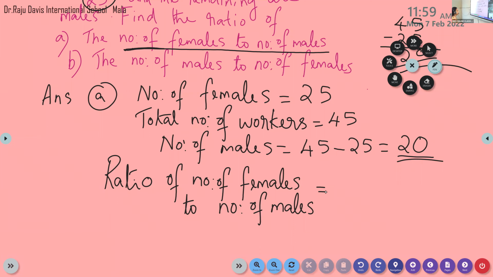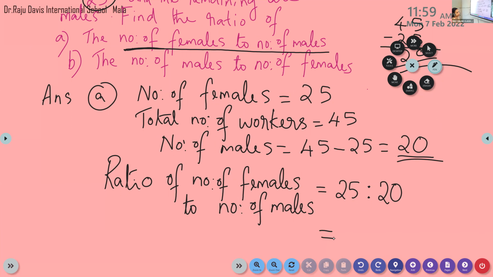So first what we had to write, females. Female is 25. Males how much? 20. That's what we have to do, children. You have to convert this into the simplest form.